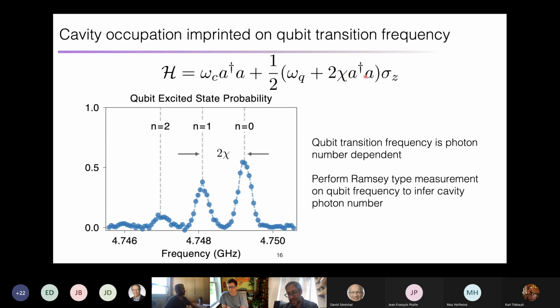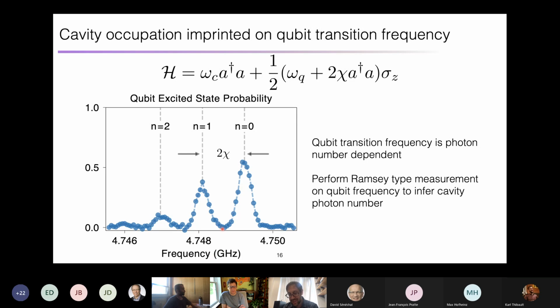If we measure the qubit frequency by doing spectroscopy on it, we try to excite the qubit at its resonance frequency, and if there are no photons, it goes here. But if we drive the cavity a little bit with a coherent state, there's some probability there's a photon, and then you see that the qubit frequency is at a totally different frequency.